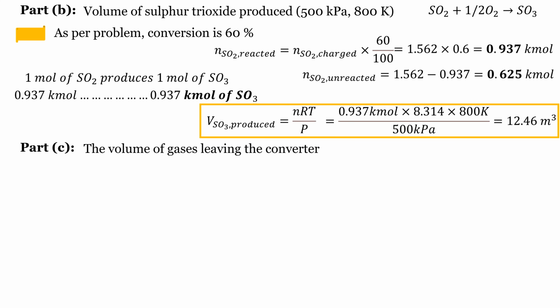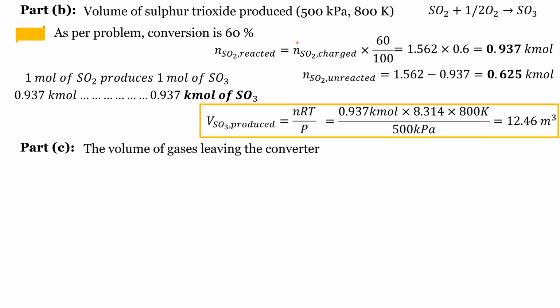Now in part C, we need to find out the volume of gas leaving the converter. So we have one chemical reaction and we are starting with SO2 and O2, because we already know the amount of SO2 charged, the amount of O2 charged, and the conversion of SO2.